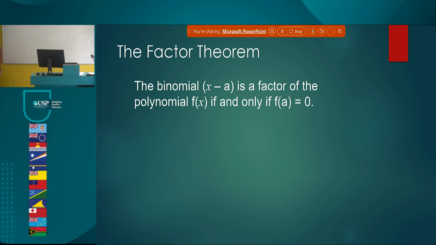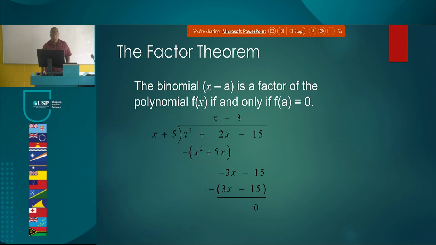Only if the remainder is equal to 0. And the divisor is a factor of the polynomial, or the dividend. So we've done a long division.